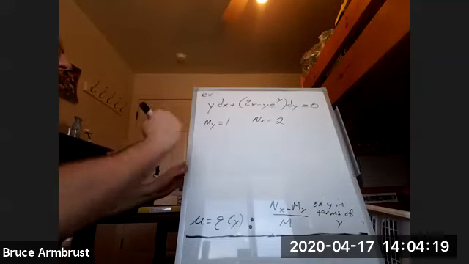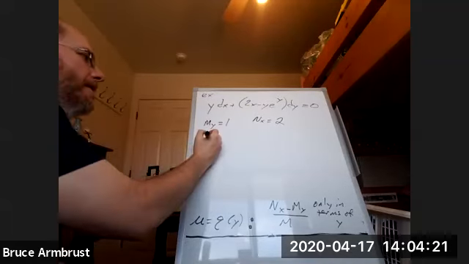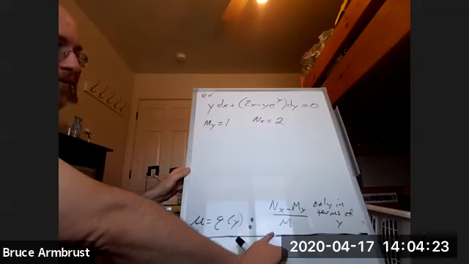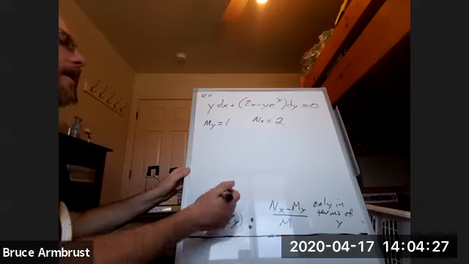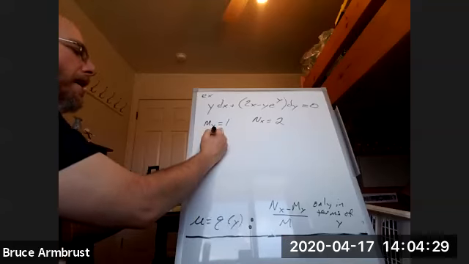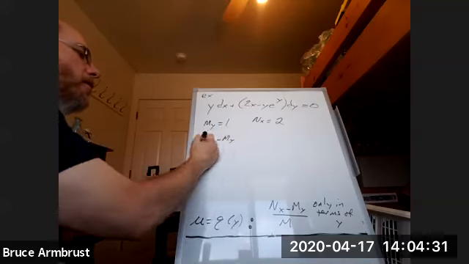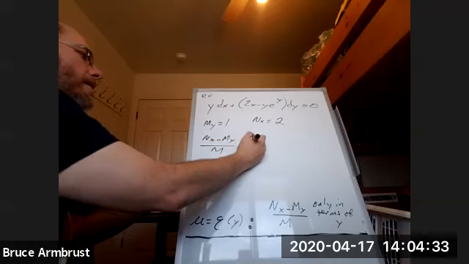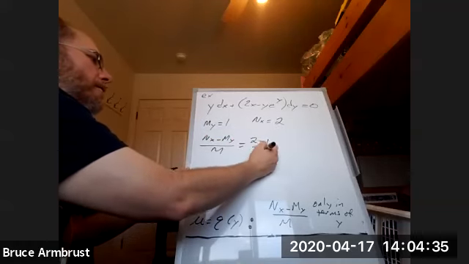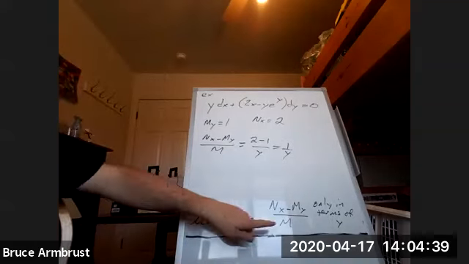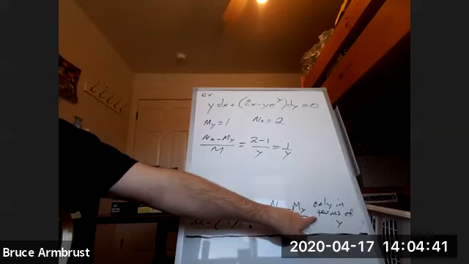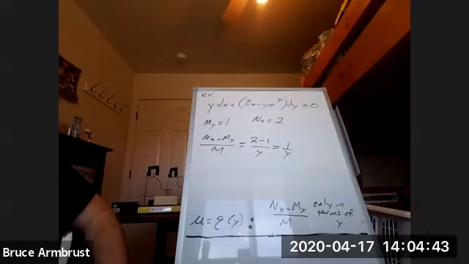So our only option is to try the one that divides by m, which is down here on the bottom, for it to be just in terms of y. So let's look. nx minus my over m is going to be 2 minus 1 over y, which is 1 over y. And we've got what we need. It's only in terms of y.